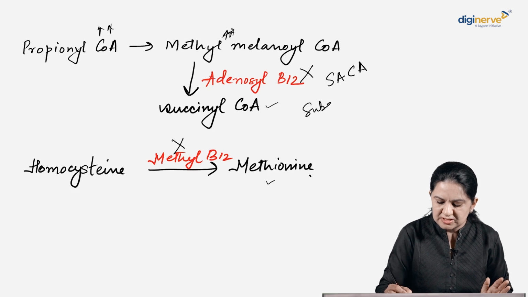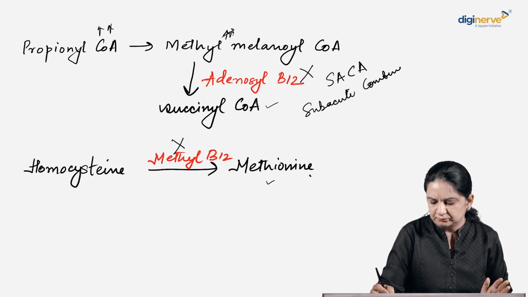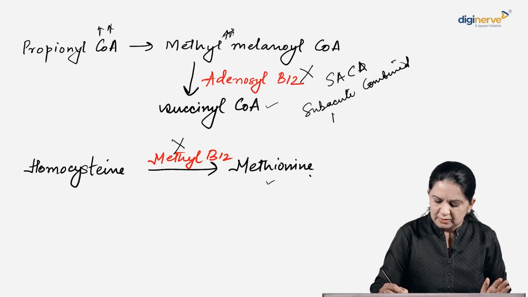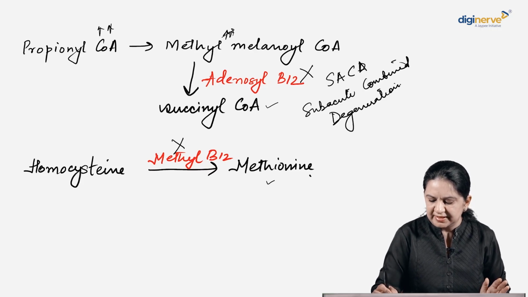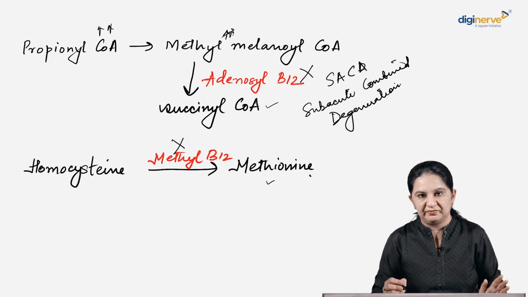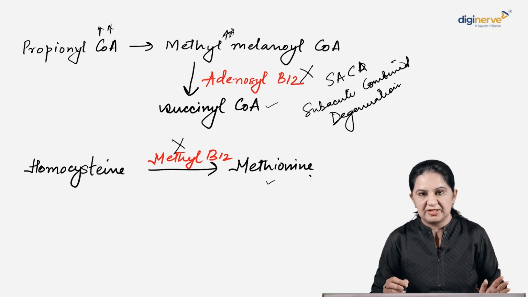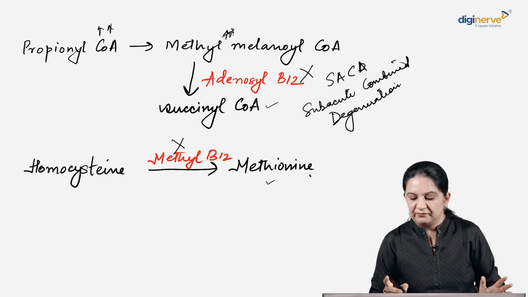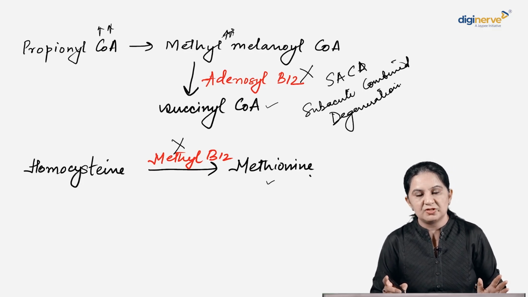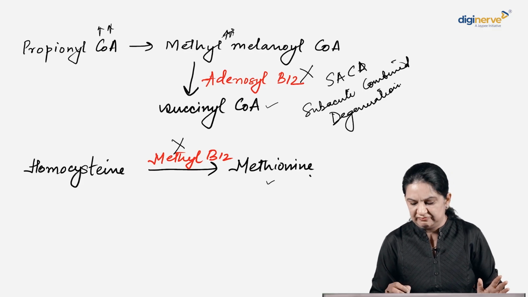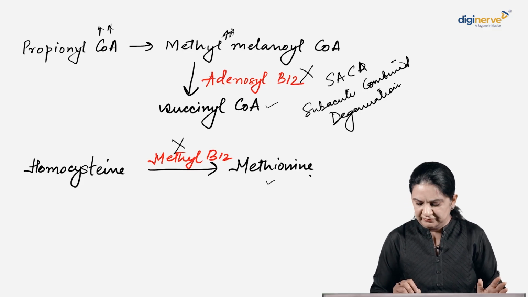What is it? Subacute combined degeneration. Okay, why is it combined? Combined because it affects the peripheral nerves, the sensory nerves, the cerebellum, the spinal cord. So that is why it is combined. Please remember that this feature is only because of deficiency of vitamin B12, not because of folate deficiency.